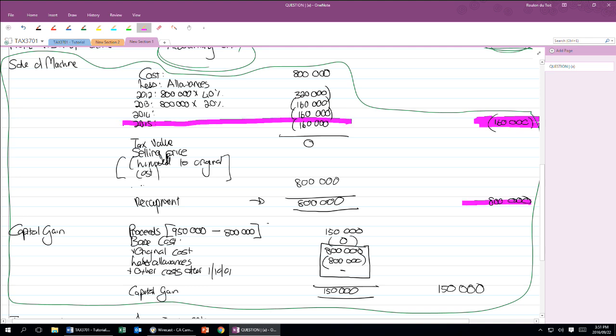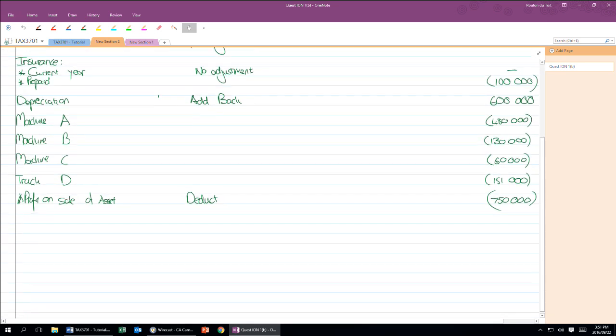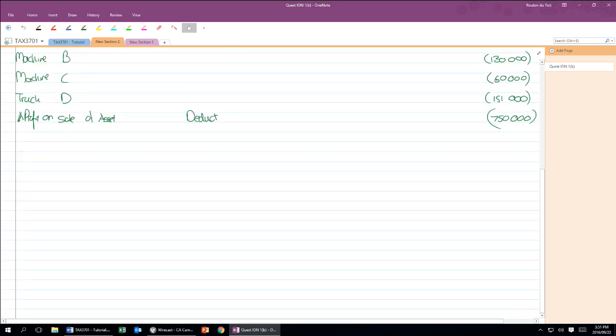We had 800,000 rands as a recoupment and a capital gain of 150. I'm not going to re-perform the calculation, but let's include just the amounts, because understand again, it will be exactly the same calculation. So I'm just going to change color just to make it a little bit more visual.